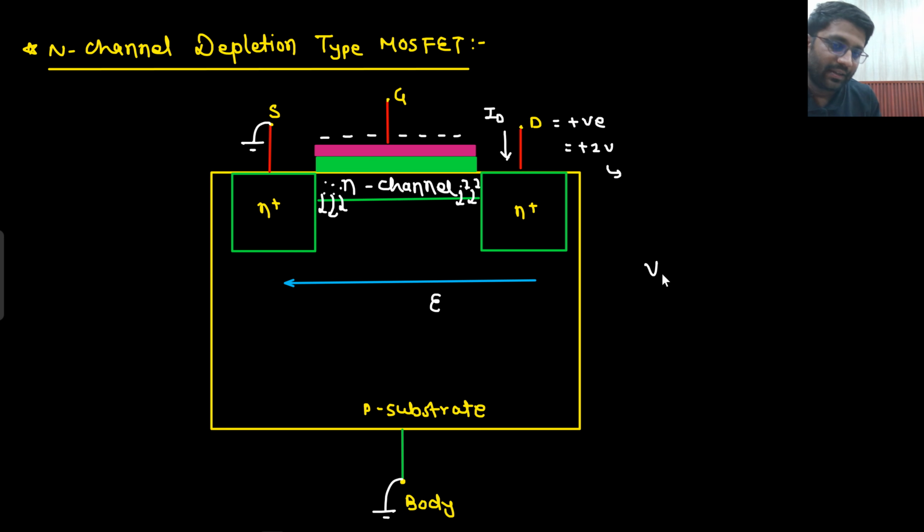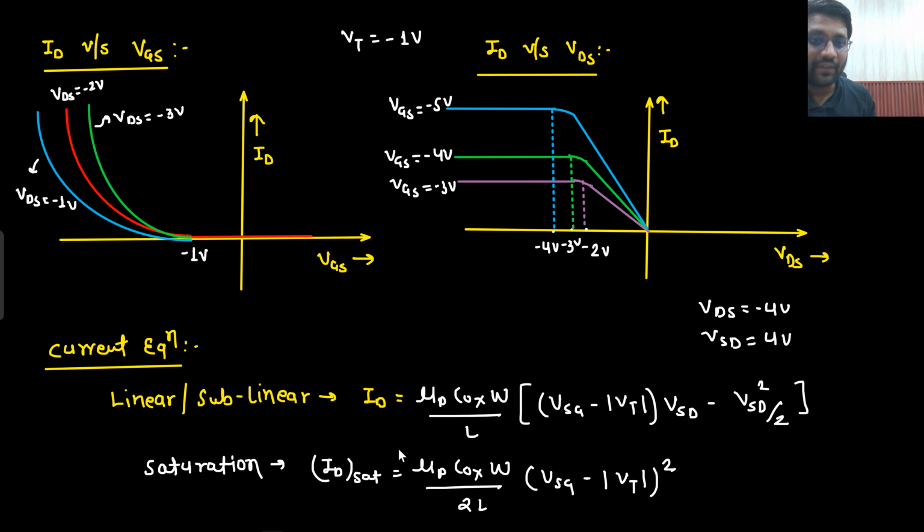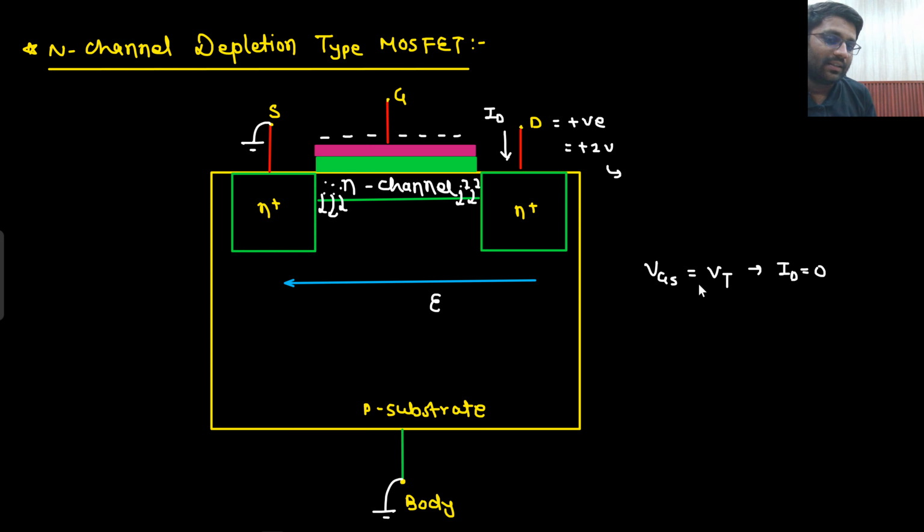It is the gate voltage at which the drain current goes to 0. And here what was the threshold voltage? It was the gate voltage at which the current started flowing. But here at threshold voltage, the current is actually going to 0. So both have completely different meanings. Is that clear to you?